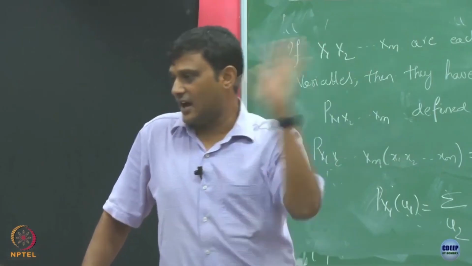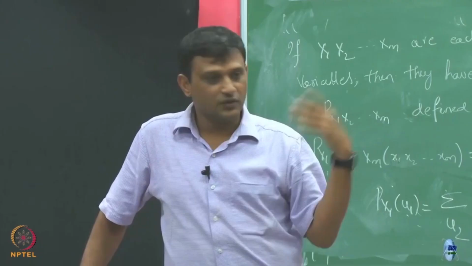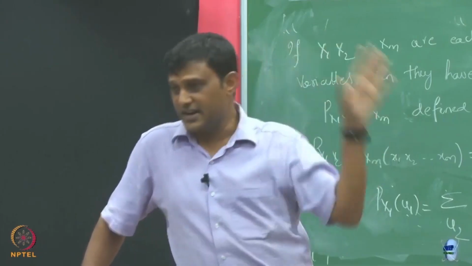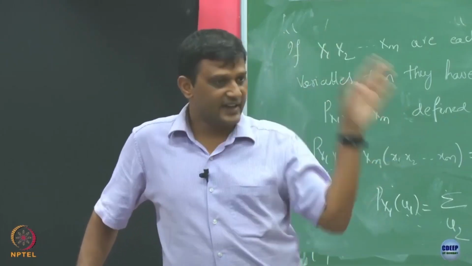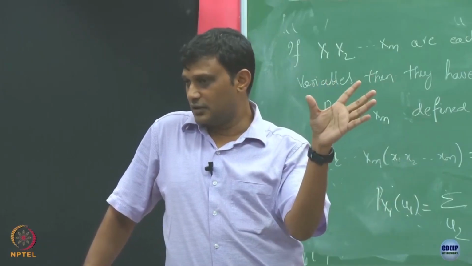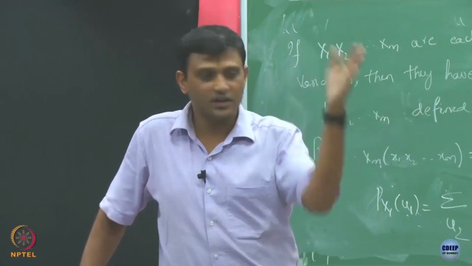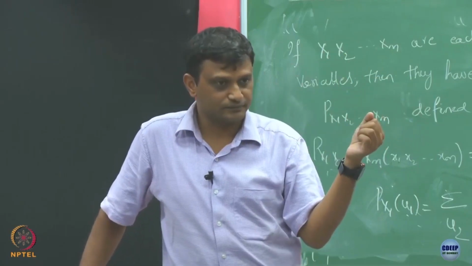In such a case the joint distribution is what completely characterizes how the outcomes look together, when I am interested in both the values, not the individual values.